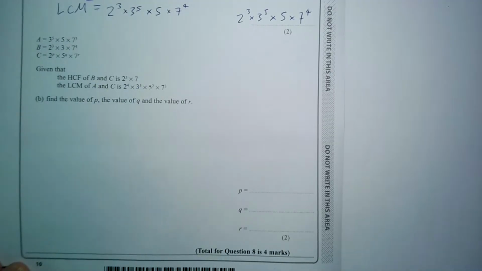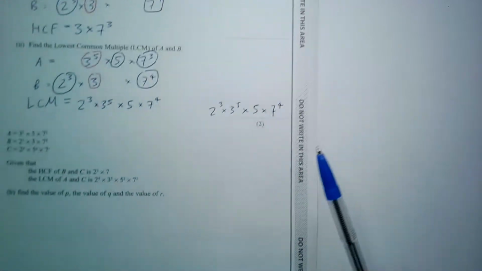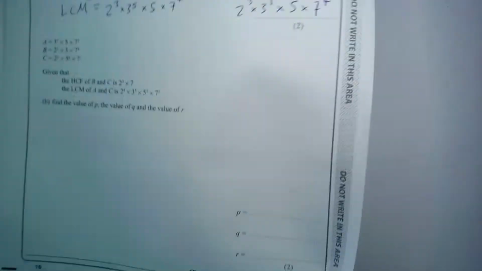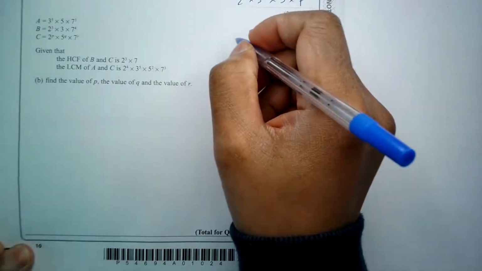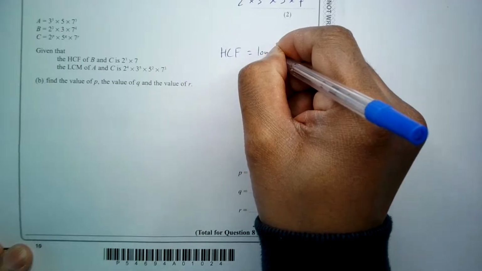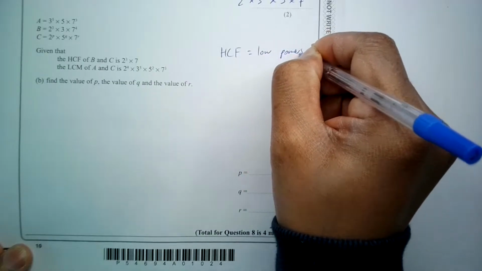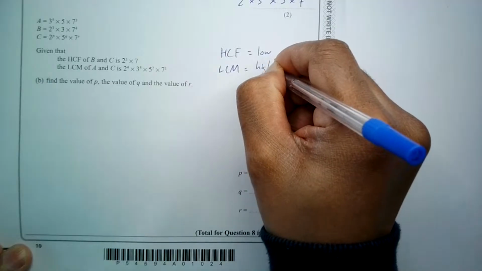Just before I do that, I need to remind myself about the powers. What I've written here: when I've got HCF, I'm using the low powers. And when I'm using LCM, I'm using the high powers, the larger powers.